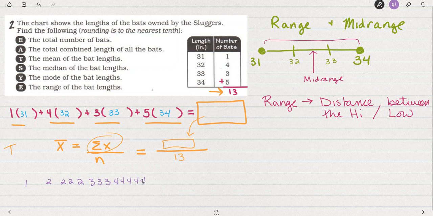So we've got all 13 bats accounted for. Let me pull this one in a little closer. And then I could find the median by seeing what's immediately in the middle. This also shows me the mode.